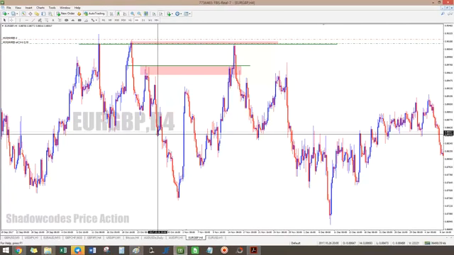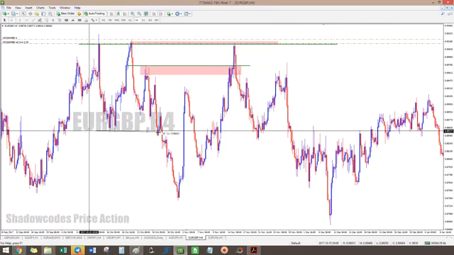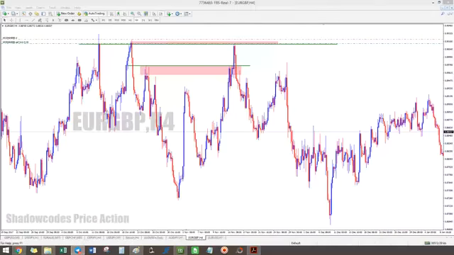Not reverse back like this, but you can still make some money during the retracement. It's a stop loss zone.